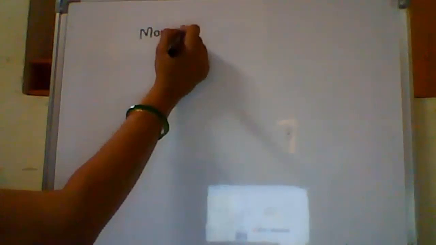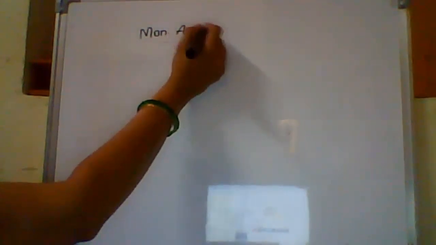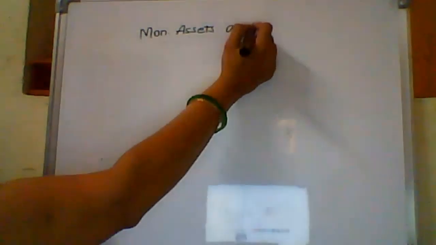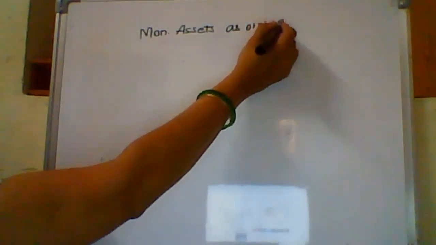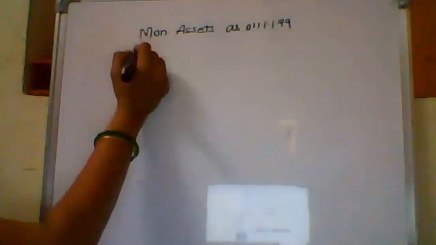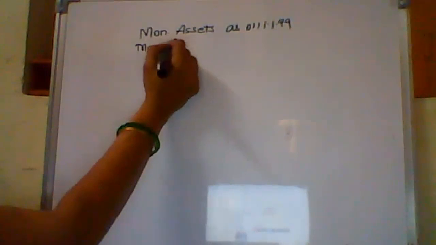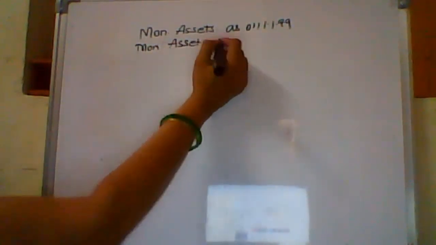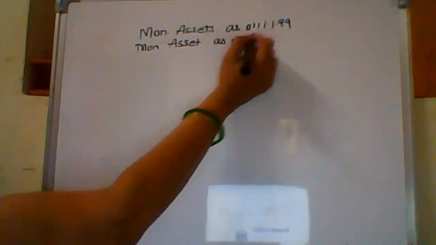So first thing you have to find out, what are the monetary assets which are there as on 1/1/1999, right? Then you will find out what are the additions which are there on it.